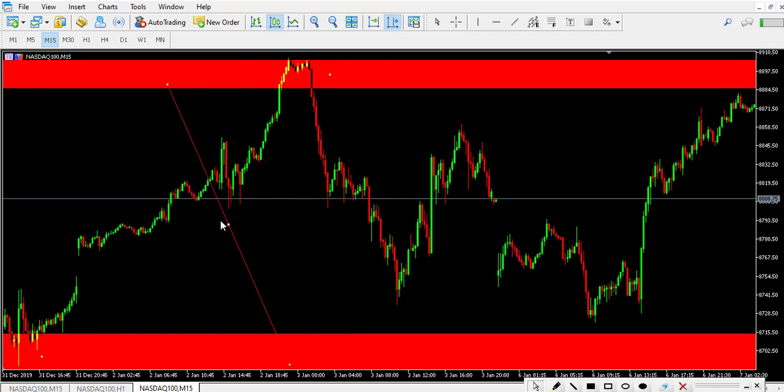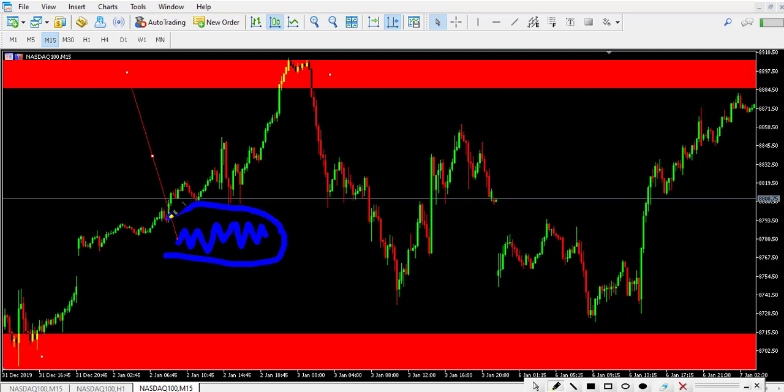Okay, but because you understand price action, you look for something like this. Market comes crashing down like that, and then we create what we call a transition. Now this is a transition to confuse people.